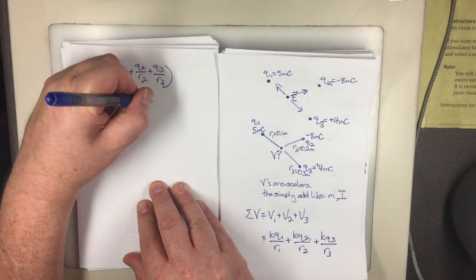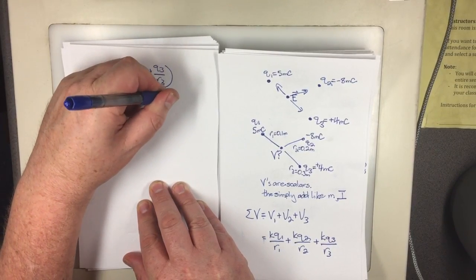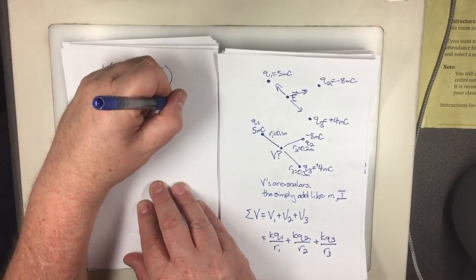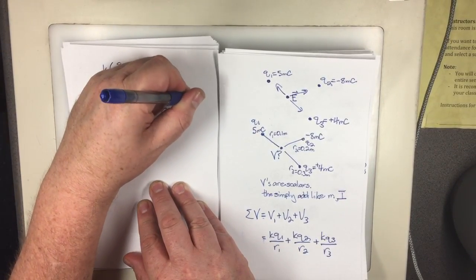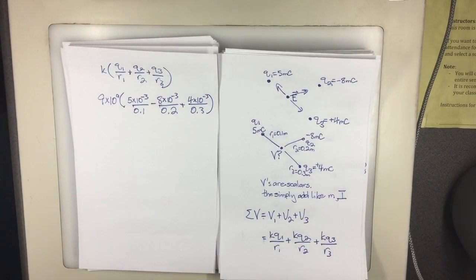Now Q2 is negative, so you do have to take that into consideration. 8 times 10 to the negative 3 over 0.2 plus 4 times 10 to the negative 3 over 0.3. And then you just add that stuff up. Oh wait, I didn't do it right. 5 negative 3.